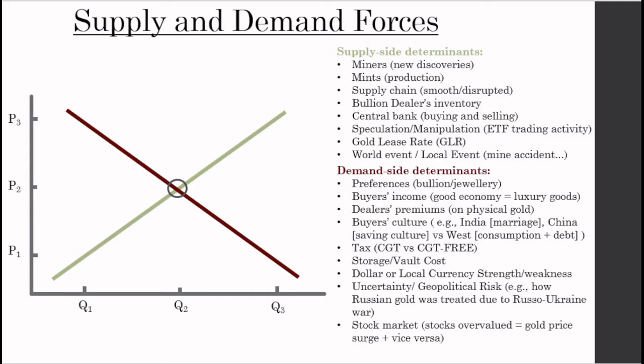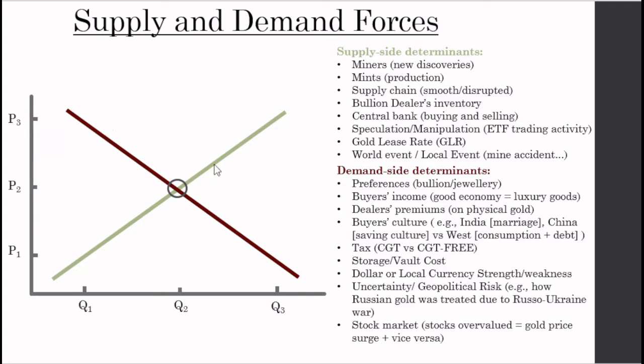Now the thing about equilibrium prices is that they are essentially the market price or the going price, because all agents in the market, through their interactions and their trades, have decided that the price should settle at P2, or P1 or P3.